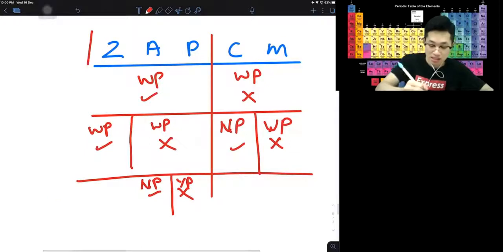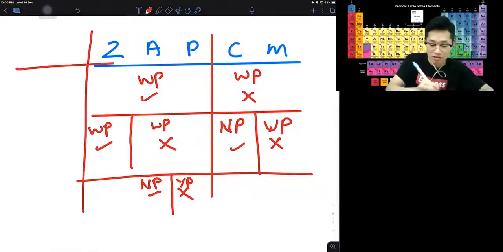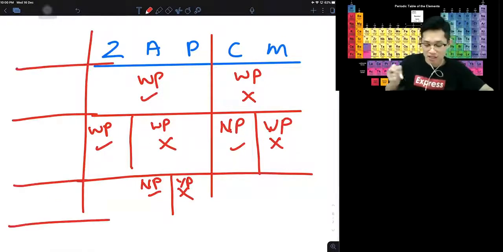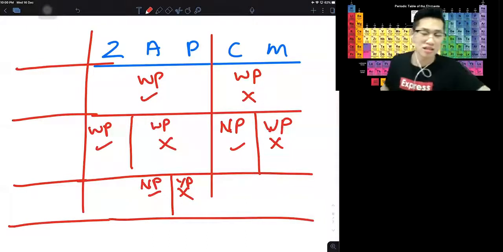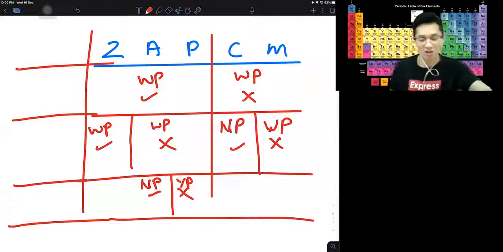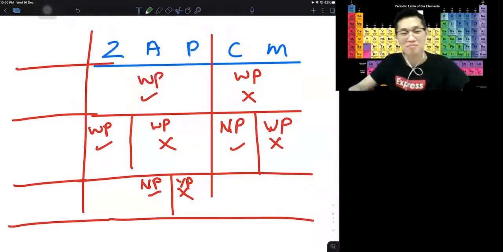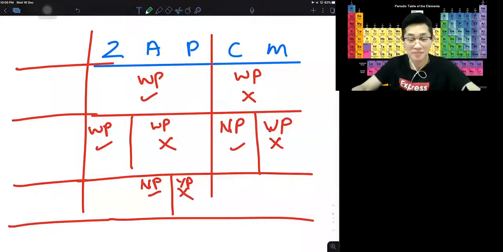Okay, after this, what are the three chemicals that we have to add on the left-hand side? If you can understand Mandarin, then you can memorize it more easily. Or you have some Chinese friend who always says hums up, hums up, hums up. Then yes, N means no precipitate.